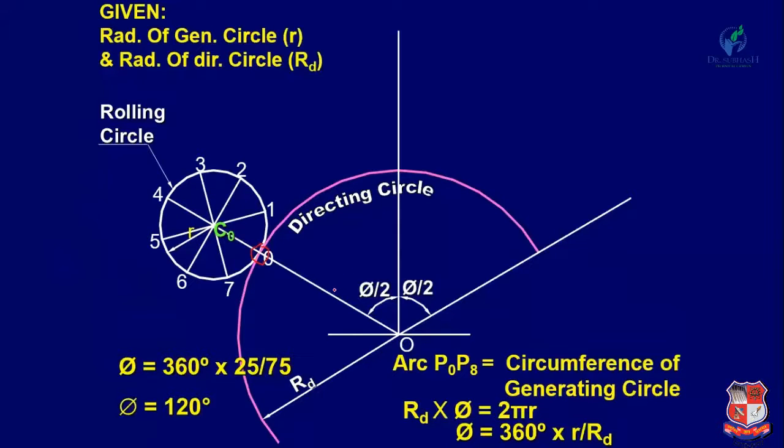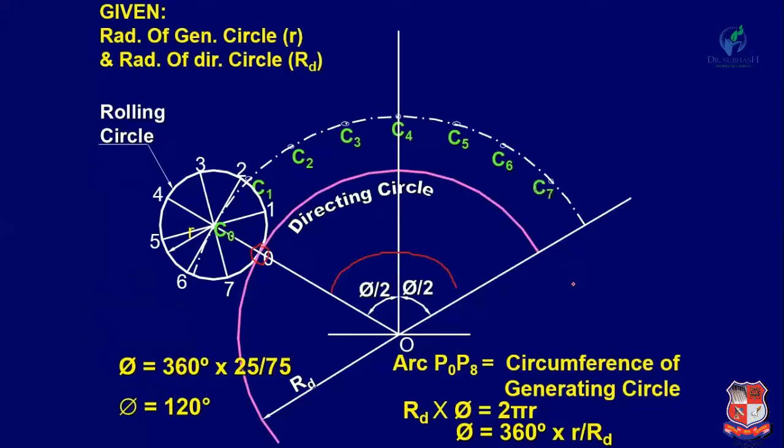Now divide this angle phi into 8 divisions. After one complete revolution, this circle will reach here. So C1, C2, C3, C4, C5, C6, C7 and C8. So you have to divide this angle into 8 different divisions.